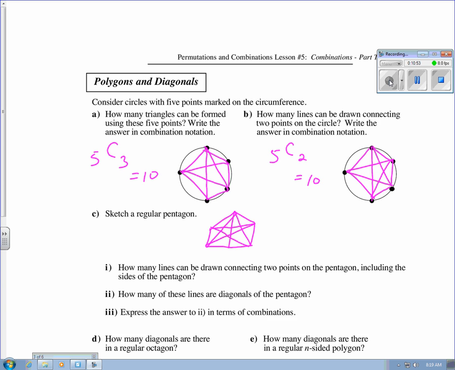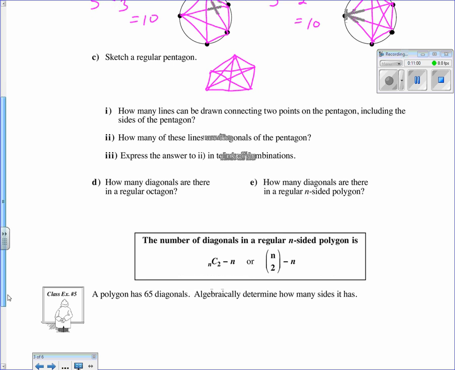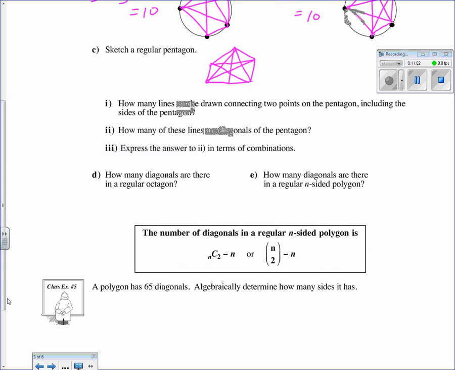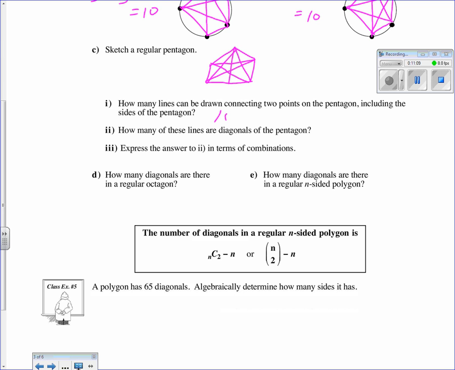The polygon question is going to lead us to a new formula which we need to grab today. How many lines can be drawn connecting 2 points on the pentagon, including the sides? So counting the sides up that I drew, I ended up with 10 lines in there. How many of those lines are diagonals?